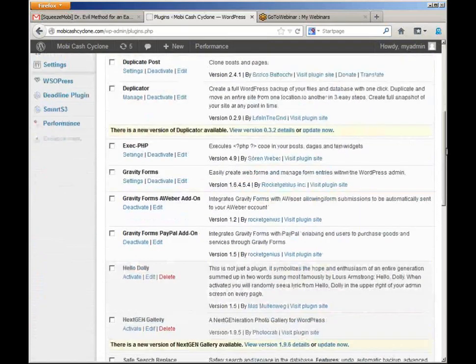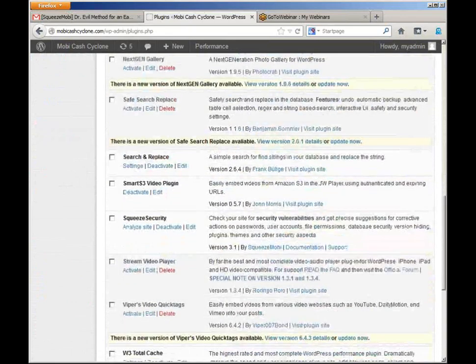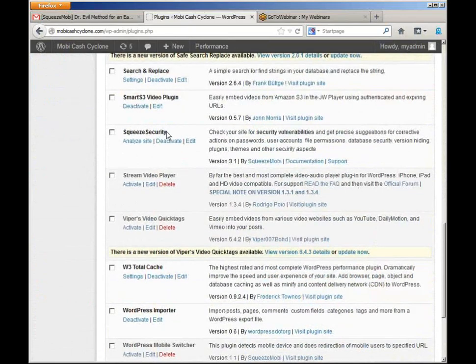We go under plugins. Let's go down. We have quite a bit of things here. And we have Squeeze Security. Now, why is it called Squeeze Security? I thought it was called Security Monkey. The reason for that is because this plugin is easily rebrandable.